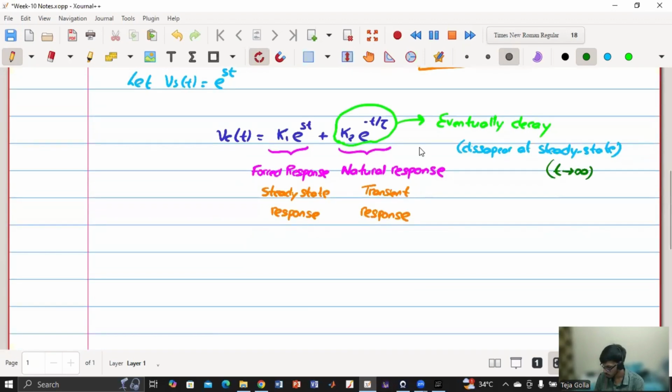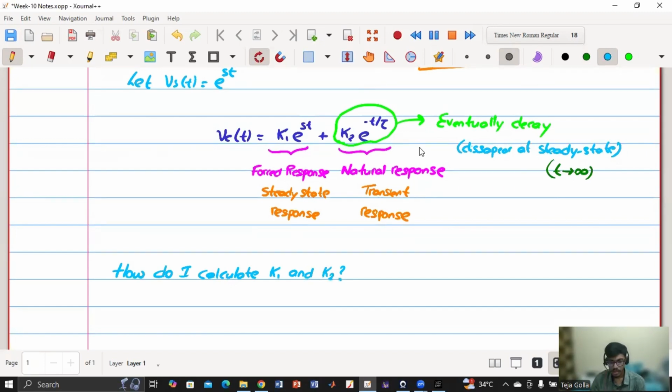Now the question is: how do I calculate K1 and K2?